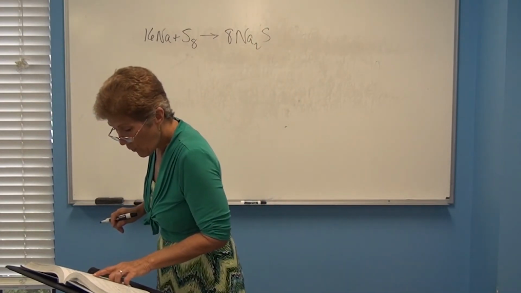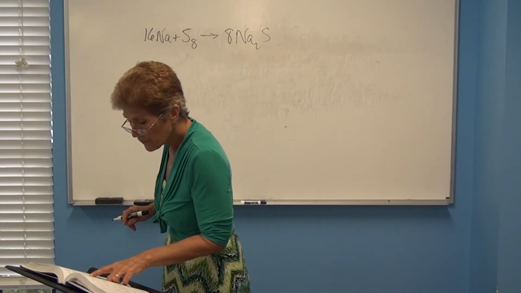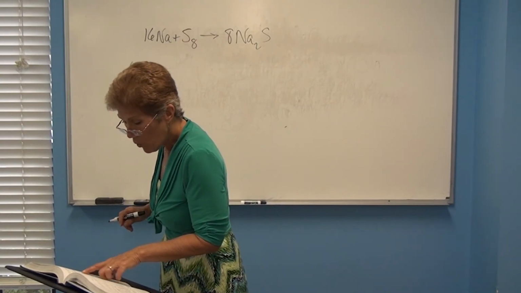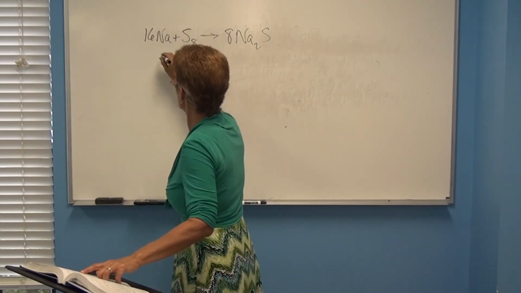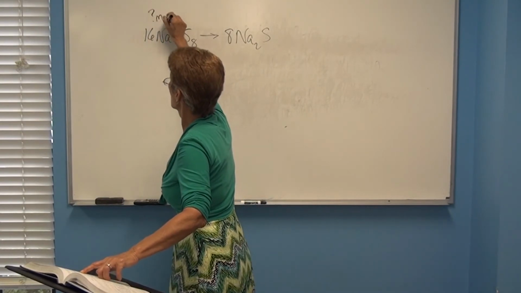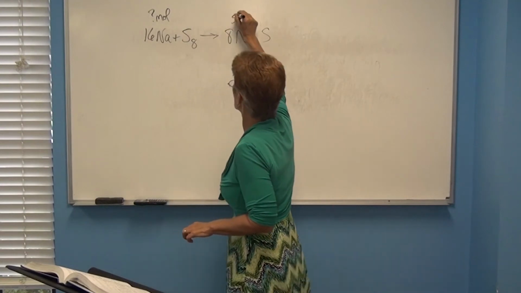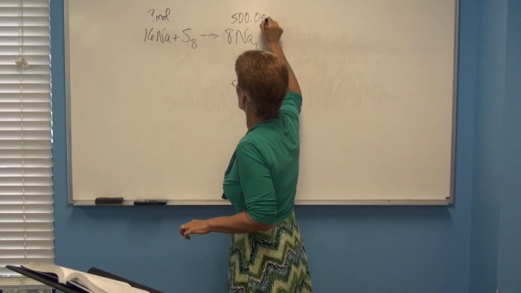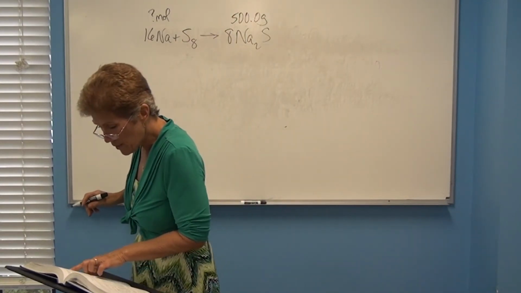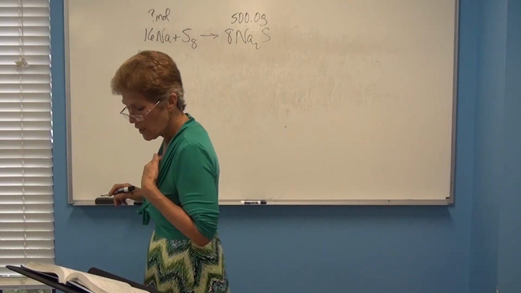And so we were asked how many moles of sodium would be needed to make 500 grams. Check and make sure I have my significant figures right. Okay, looks good.